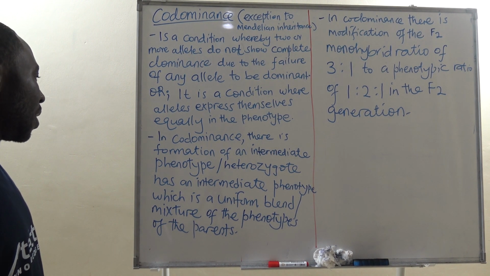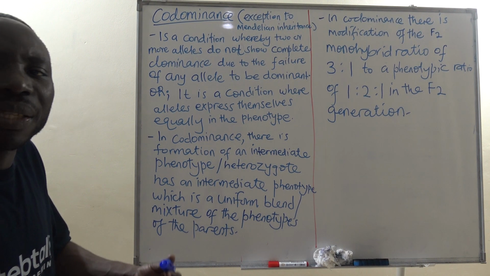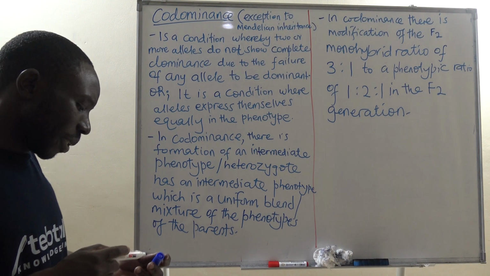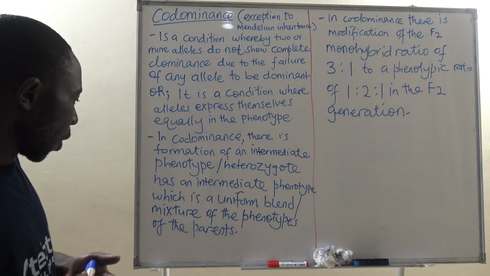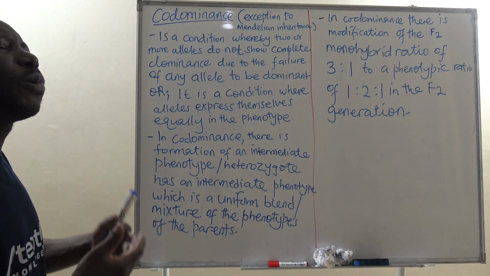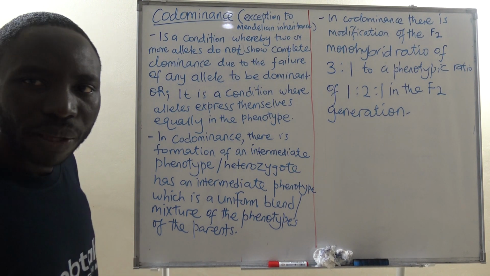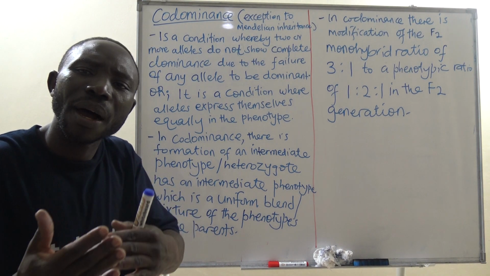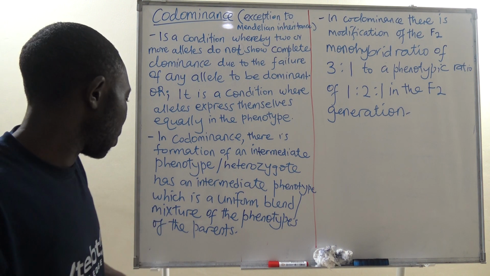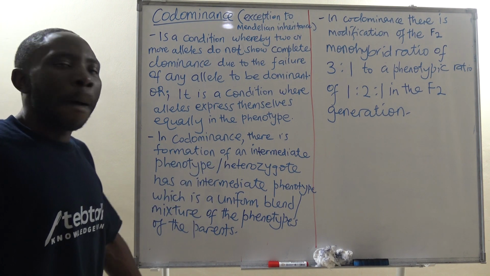And in codominance, there is formation of an intermediate phenotype, which is a uniform mixture or uniform blend of the phenotypes of the parents. So that is where we are.